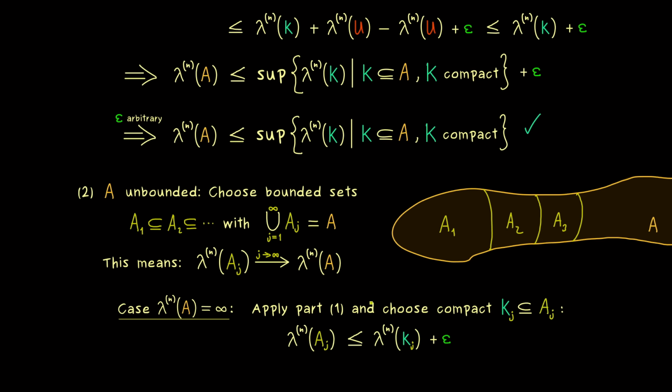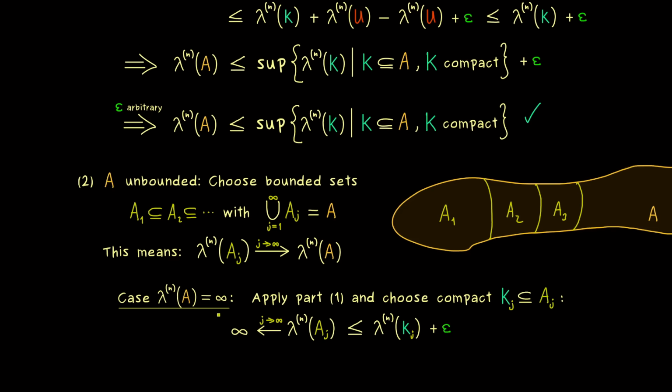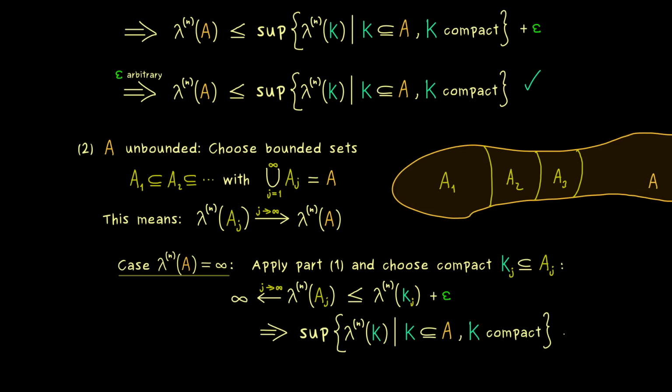And moreover, we know from before that we can always satisfy this inequality when we add an epsilon on the right hand side. However, now since the left hand side is unbounded when j goes to infinity, the right hand side goes to infinity as well. And that's all we need, because we simply want that the supremum given here is also equal to infinity. And this already completes our first subcase here.